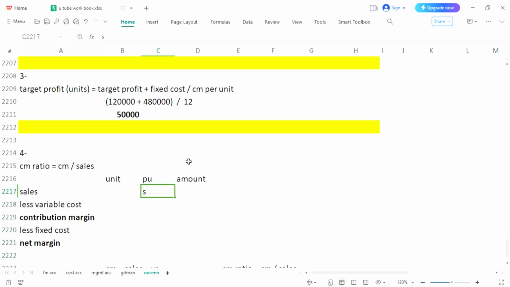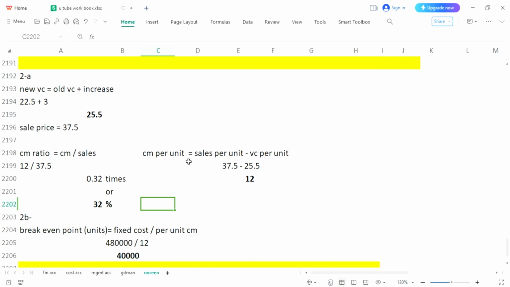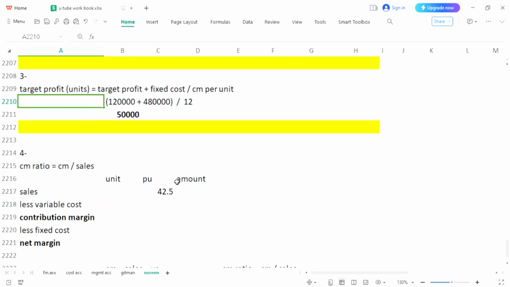We now know the new selling price, it is 42.5, and the new variable cost in part 2 was calculated, this was your new variable cost 25.5, that would be put over here, and the new contribution margin would be calculated by subtracting variable cost from sale.